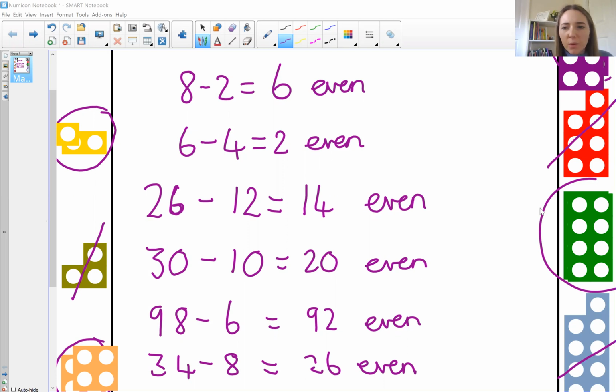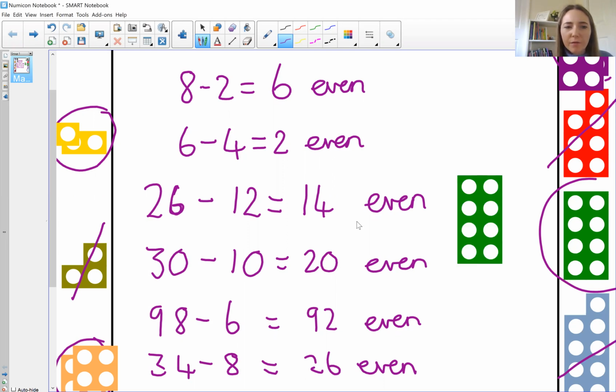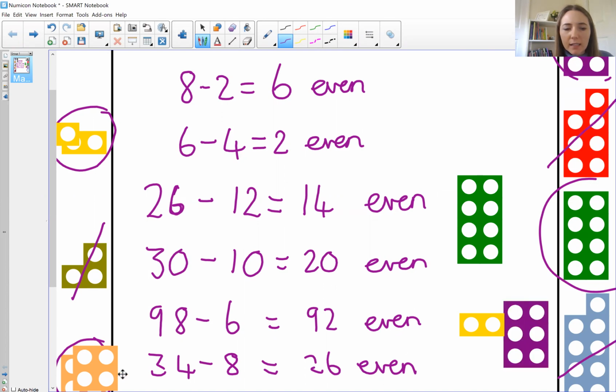So let's have a look at what happens when we take away an even number from an even number. If you take away an even number from an even number, every time you've got an even number to subtract, you never have one of those sticky uppy bits to take away. So you're always going to take away an even group, which will always leave you with an even group.